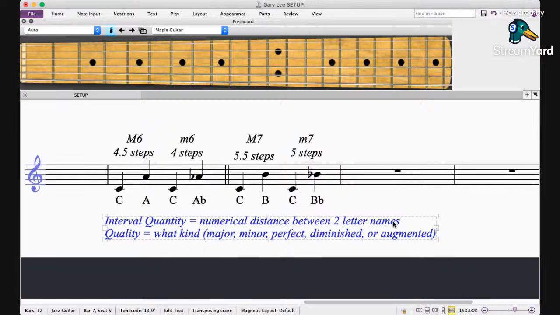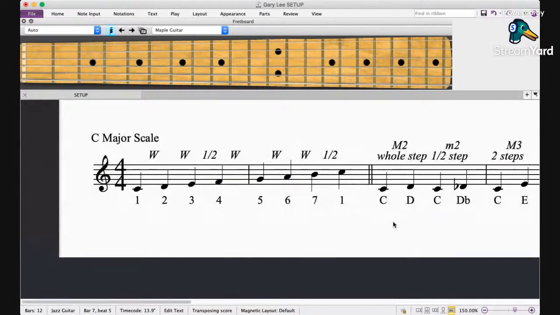A really great thing to do, if we come back to our major scale, is to memorize these intervals from the root. So from C to D, major second, major third, perfect fourth, perfect fifth, major sixth, major seventh, and then an octave.